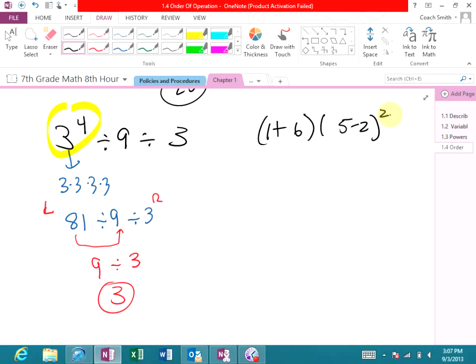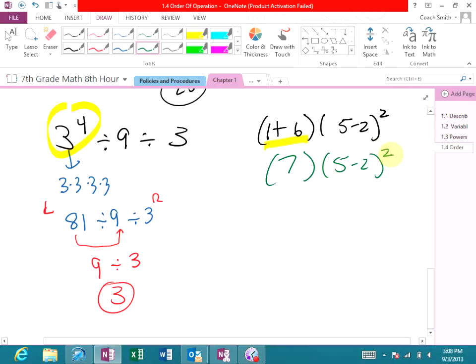Now, what that means is this. Okay, do the parentheses first, so I have to do that first. That's 7. Rewrite the problem.